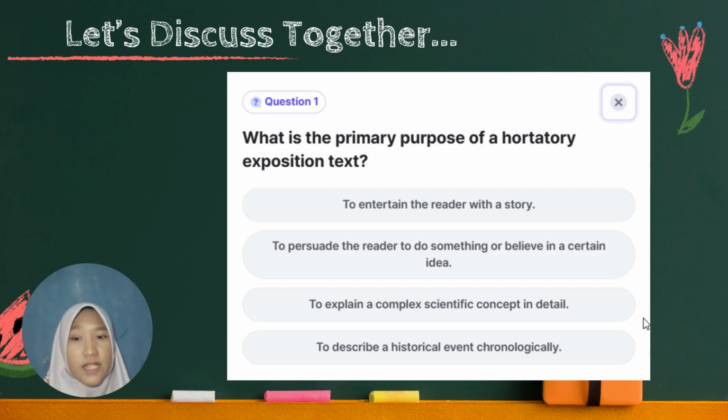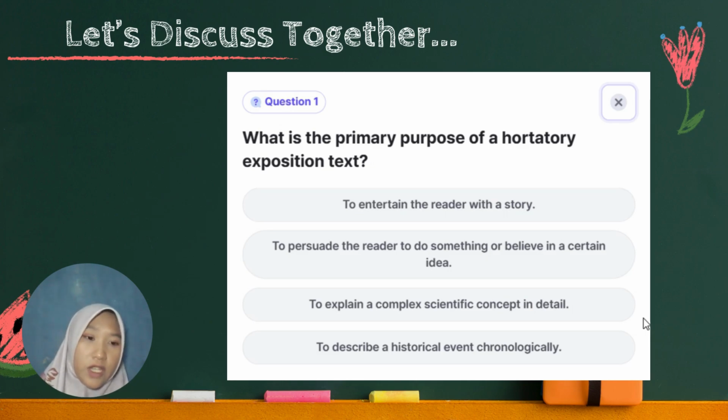So let's check one by one. For the first option, to entertain the reader with a story. Does anyone remember what text type this is? Yes, that is narrative text, like legends or fairy tales. So this is wrong.